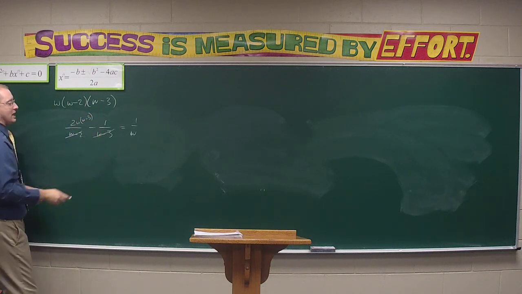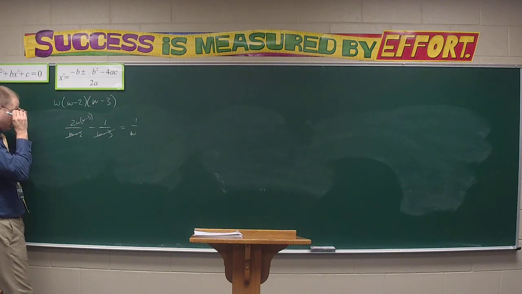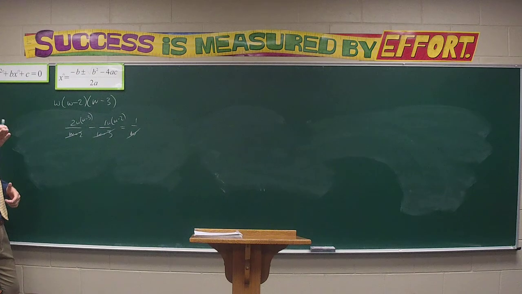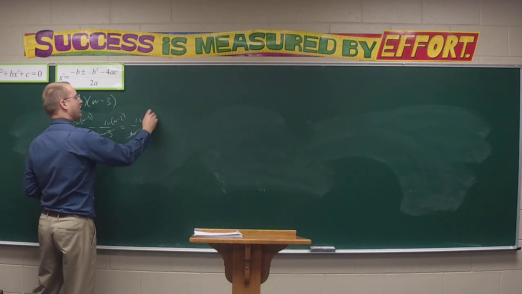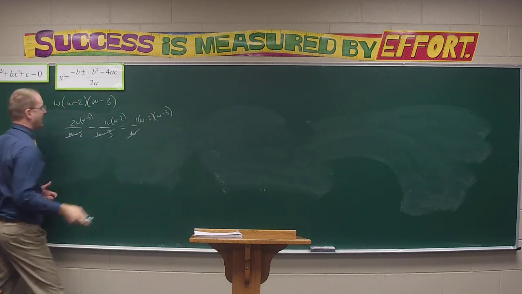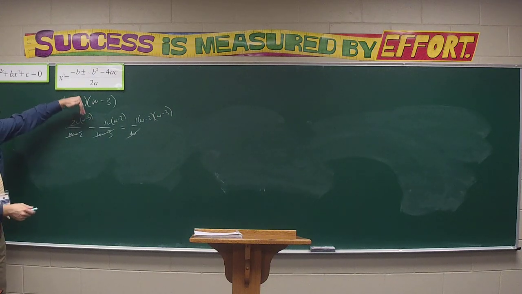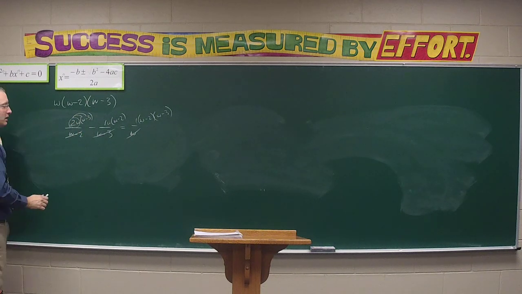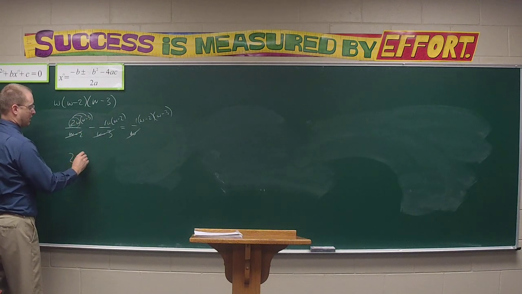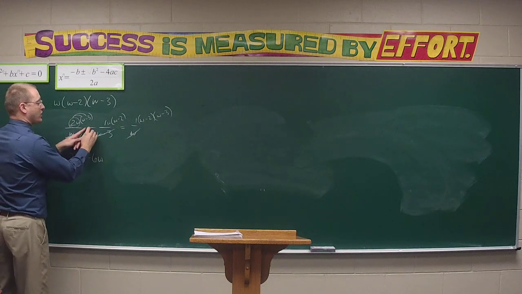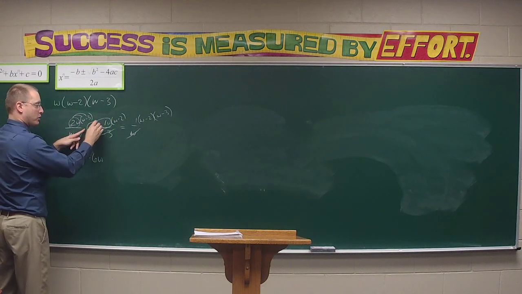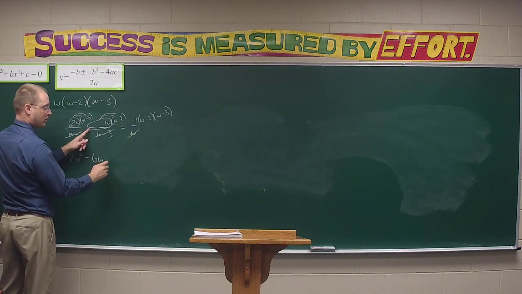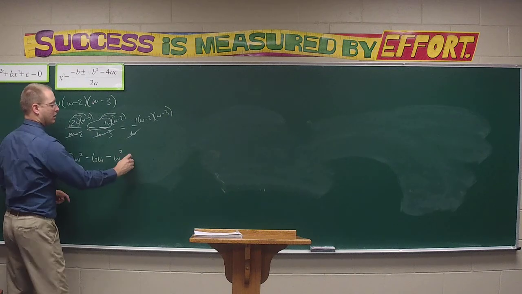Here the W negative 3 is going to cancel, but we're still going to have, Maddie, the W negative 2, and then here the W is going to cancel, but we're still going to have, Audrey, the... Well, again, instead of looking at this as a 2 and a W and a W negative 3, look at it as a 2W, which gets distributed to W negative 3, Genesis, to get... Then here, look at this as a negative 1W, which gets distributed to the W negative 2, Michael.